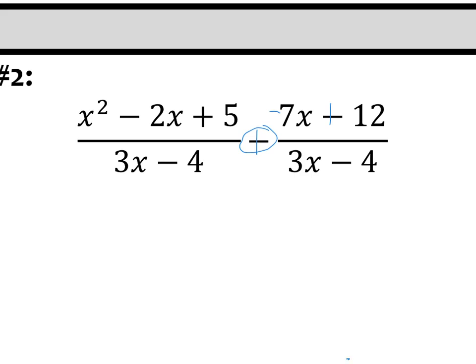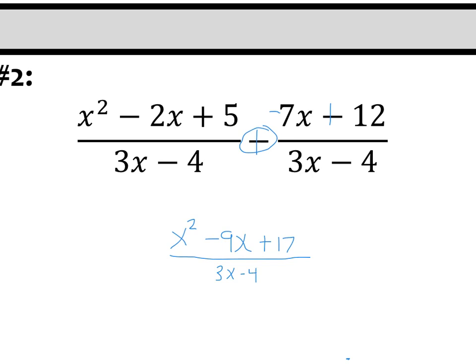x squared, negative 2x and negative 7x is negative 9x. And then 5 plus 12 is 17. 3x minus 4 is the denominator. Now I'm looking at this.